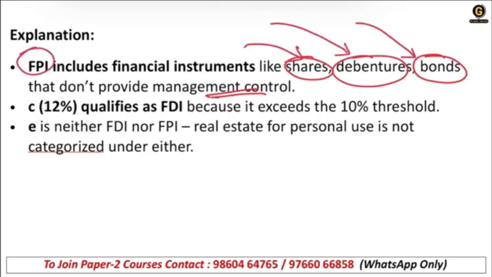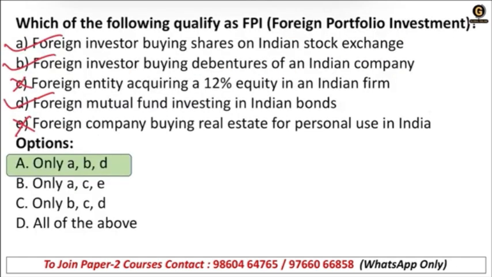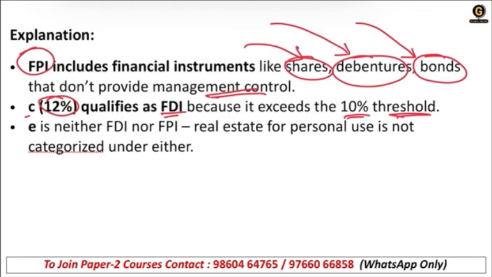This is called FPI investment. Okay, C, that means 12%, qualifies as FDI because it exceeds the 10% threshold. Correct? Here in the question, the 12% was asked in the C option. That is why we selected it as an incorrect answer.